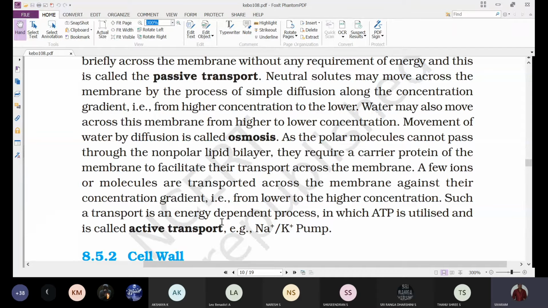But there are a few ions or molecules that are transported across the membrane against the concentration gradient.